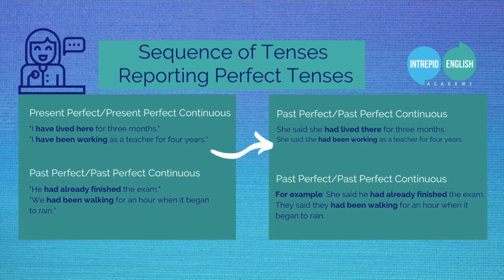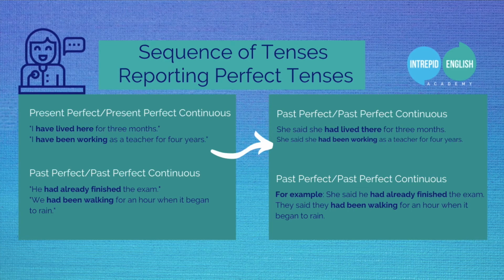That becomes she said she had been working as a teacher for 4 years. So there, all we've changed really is have into had. So she said she had been working, okay, have been working, had been working as a teacher for 4 years. That's the same. Okay, that's easy.